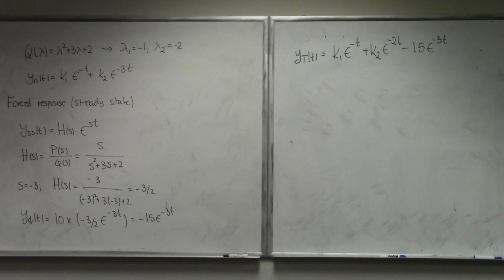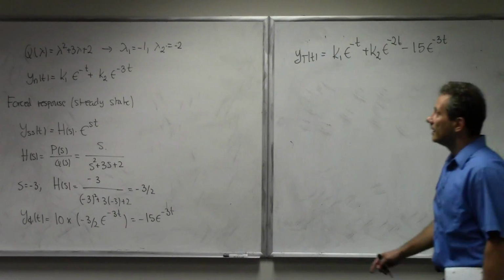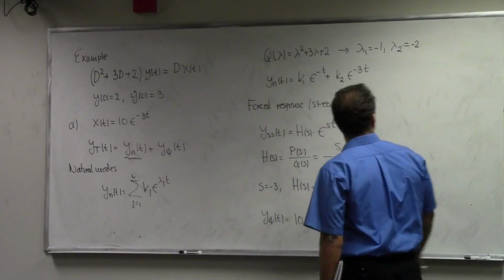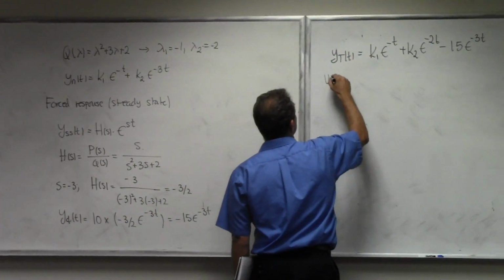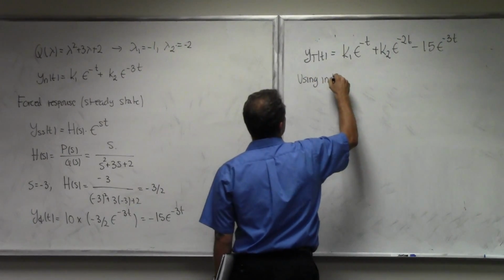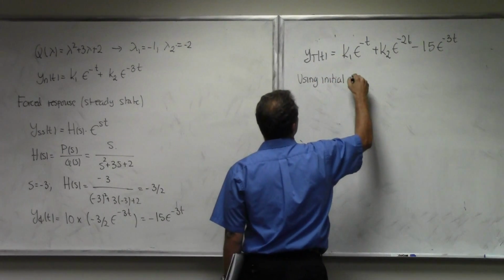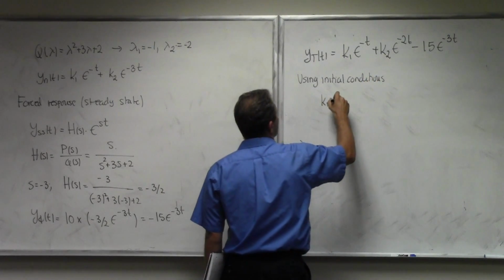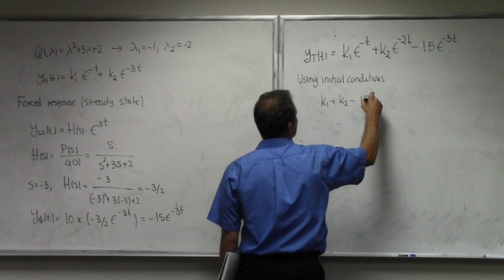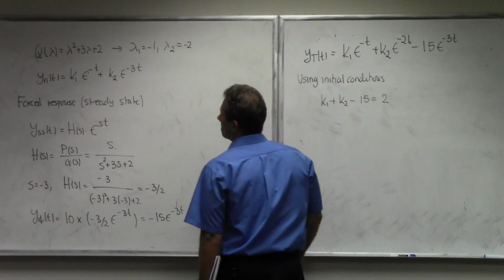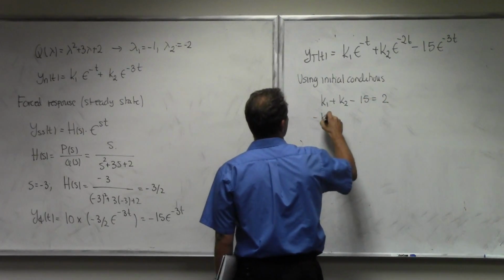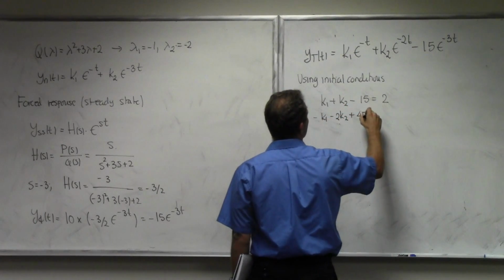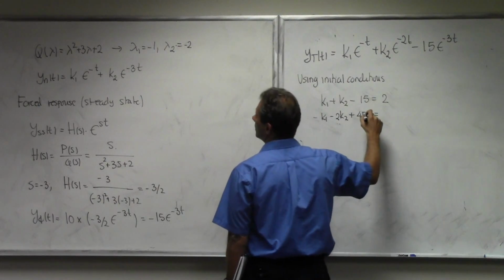Right? So that's the total response. And then I have to take my initial conditions into account to solve for the constants. So using initial conditions, I get that k1 plus k2 minus 15 has to be equal to 2. And then the derivative, so minus k1 minus 2k2 plus 45 is equal to 3.